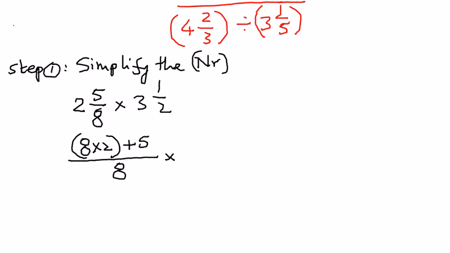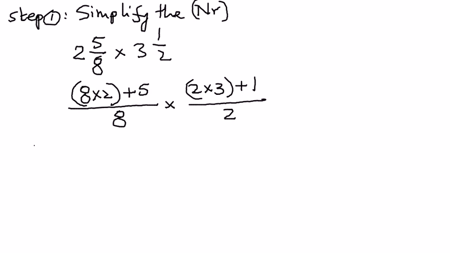And then in the second part of the mixed number we have 3 1/2. So we do the same thing. We take the denominator of the fraction, multiply to the number on the side, take the product of that, and then add it to the numerator part of the fraction, divide that whole thing by 2.